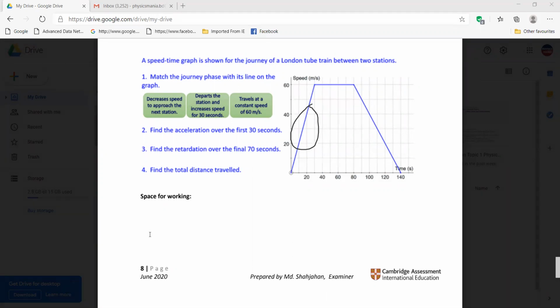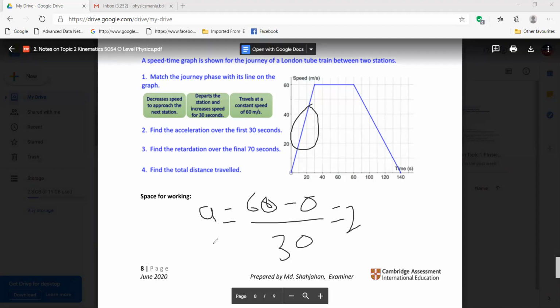Yes, I can also do that. Equals 60 minus 0 over 30, meter per second square.